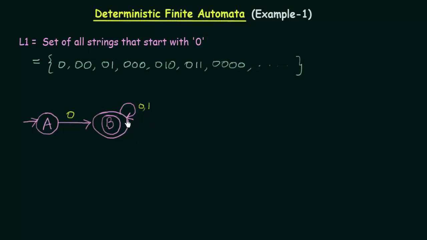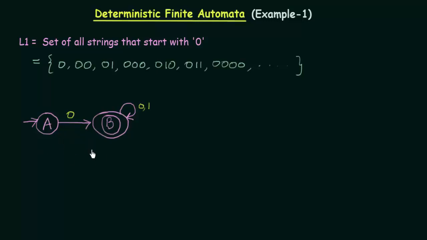This means that after reaching this final state B, whatever input you get after that, whether it is 0 or 1, it stays in the final state B itself. Because the string started with 0 and our only condition is that it should start with 0. So after it reaches the final state, whether it is 0 or 1, it doesn't matter. It stays in the final state and that string will be accepted. I hope that was clear.